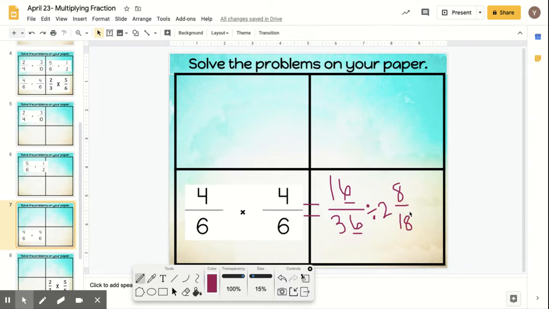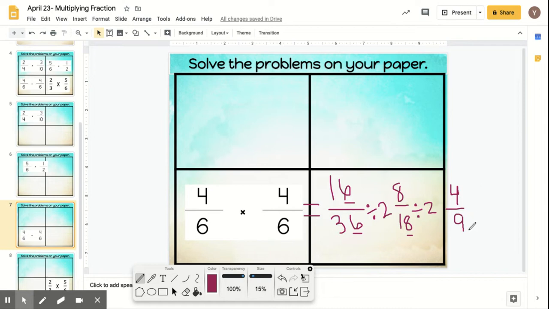So now I'm like, okay, well, this is not my final simplified answer. I can keep going. It can become even smaller. I can say, well, 8 and 18 again, they're both even. So I can say, okay, 8 divided by 2 again gives me 4, and 18 divided by 2 gives me 9.